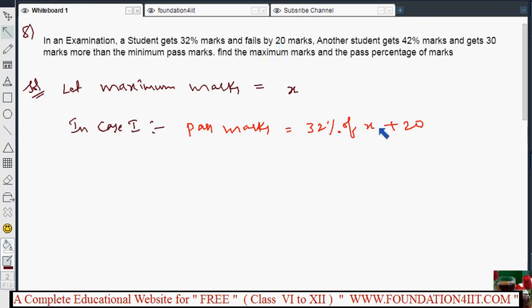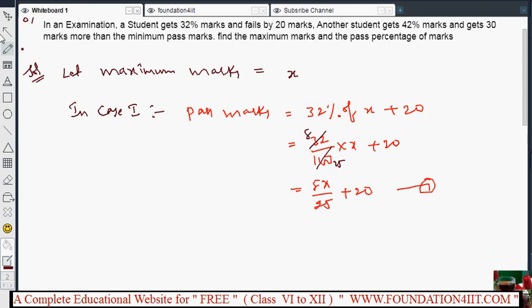That's why 32% of the maximum plus 20 is nothing but the pass mark in the first case. If you solve 32 by 100 into x plus 20, it is 8x by 25 plus 20. Okay, let it be equation 1. I cancel here, 4 8s are 32, 4 25s are 100.